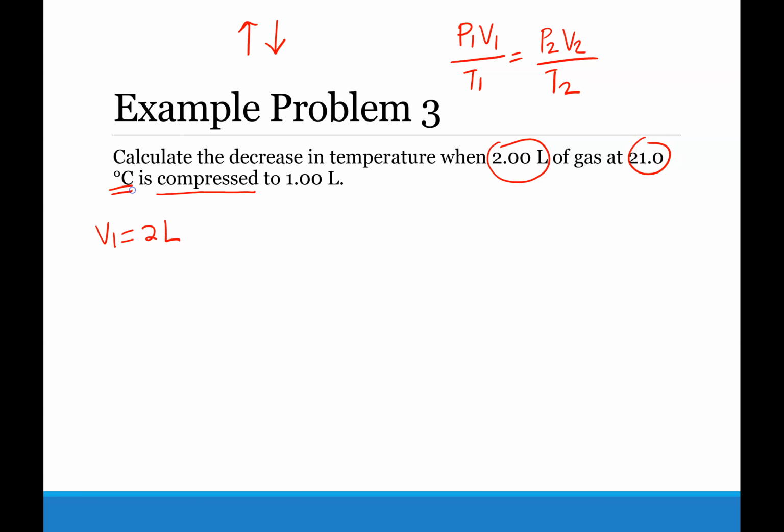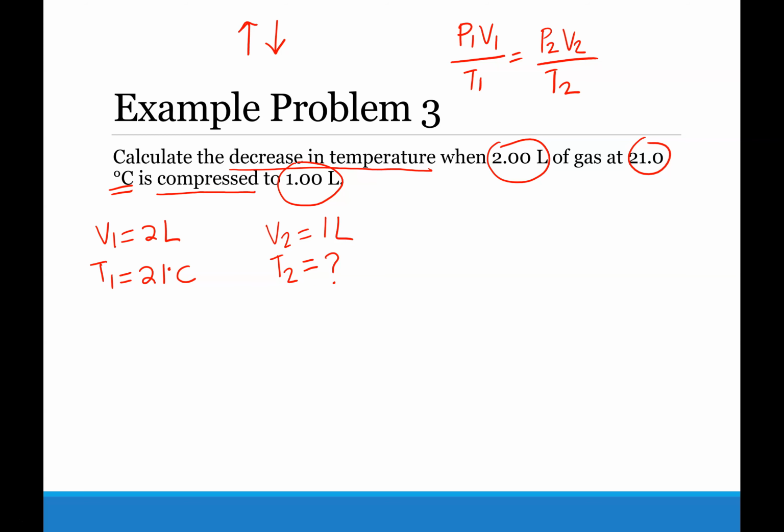Celsius is a unit of temperature, so we know we're going to have a T1 of 21 degrees Celsius, which means we're going to have a set of V2s and T2s. It's asking us to calculate the decrease in temperature, so it's pretty straightforward that we're going to be looking for the temperature, and it tells us that it was compressed to 1 liter.